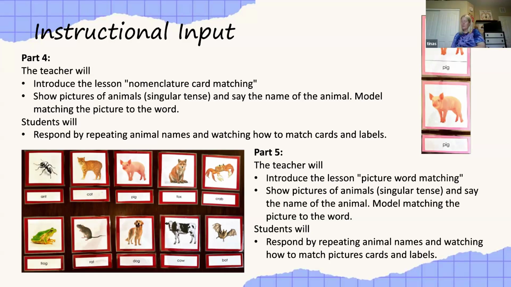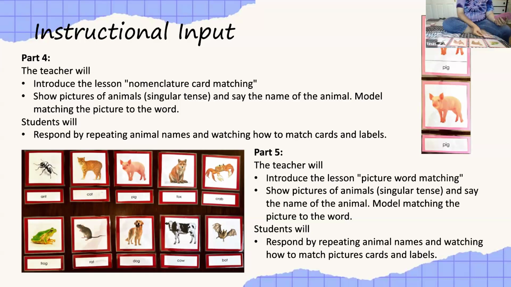All right, the first thing that I'm going to do is I'm going to lay out the cards so that I can see them. I have frog, I have cat, I have pig, and I have cow. Okay, I'm going to lay out all the cards. Okay, now I'm going to take the pictures, the ones with just the pictures on them, and I'm going to try to match them to the other cards.